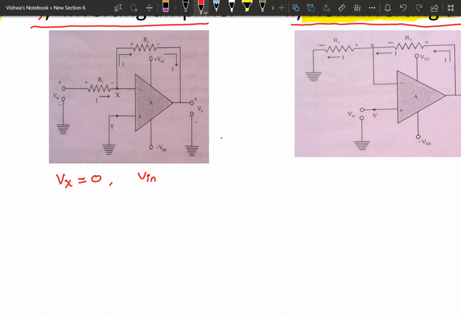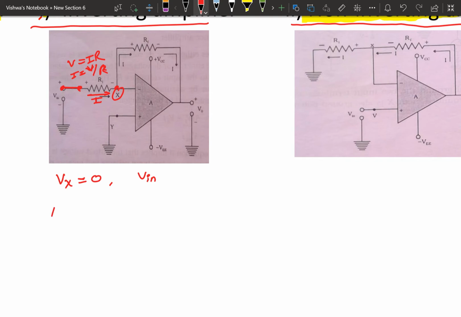Now find the current here. Current through resistor R1 is I. So apply Ohm's law: V equals IR, so I equals V by R. V is the potential difference across that element, divided by resistance. Here, the potential difference across these two points: this point is at the input potential Vin, and this point is at the virtual ground potential.